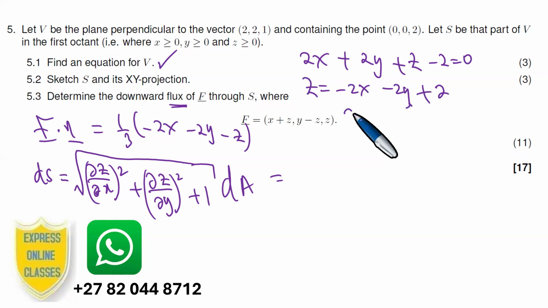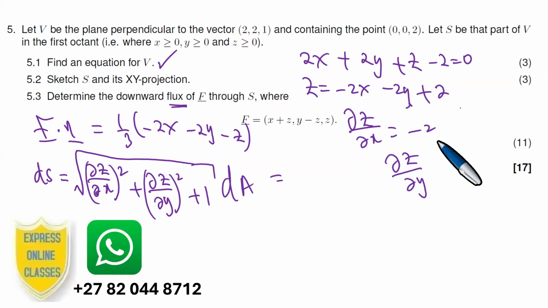And then we have dz/dx, which is minus 2. And then dz/dy. So we're getting dz/dx, which is minus 2. Then we find that the partial derivative of z with respect to y is minus 2.